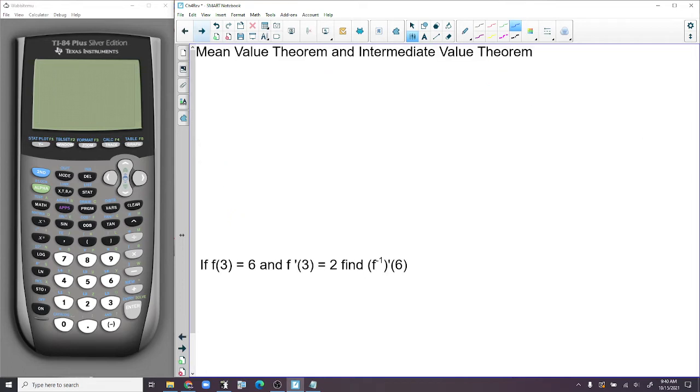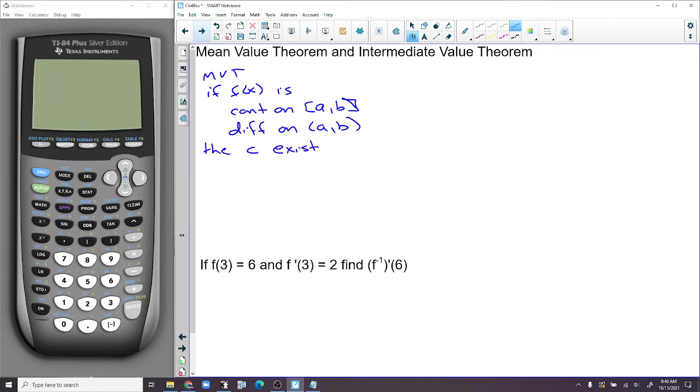The mean value theorem versus the intermediate value theorem. The mean value theorem says if f of x is continuous on the closed interval and differentiable on the open interval, then c exists such that f prime of c is equal to f of b minus f of a over b minus a.